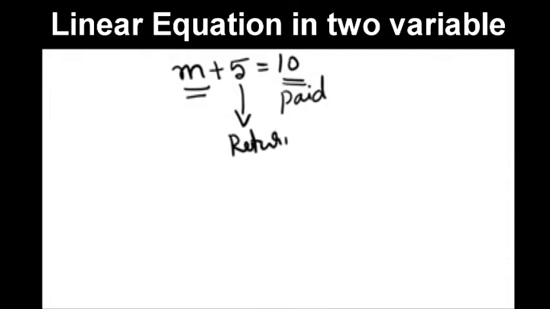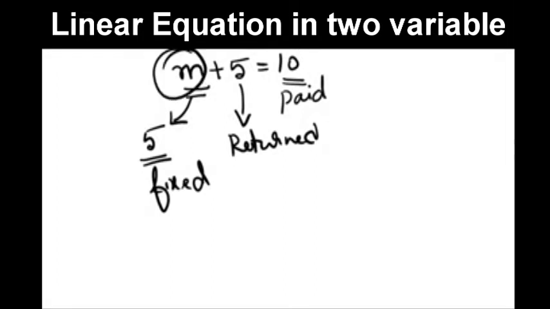So what is the price of this mango? The price of the mango is 5, and it has a fixed value. We can tell perfectly the result of this equation because here it has a single variable. But if you consider an equation with two variables, it has infinite values.